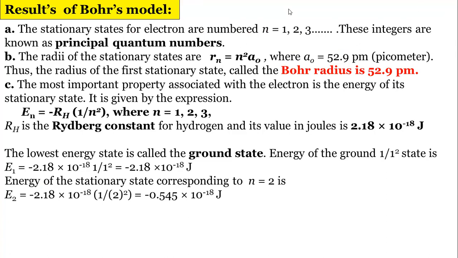So this is also called as the shells, or it is also called as the stationary orbits. The radii of the stationary states, it is given by this formula. Actually all these are mathematical steps. This is not asked for the examination, remember, but if it is given by Niels Bohr, what are the results, we have to study these results.